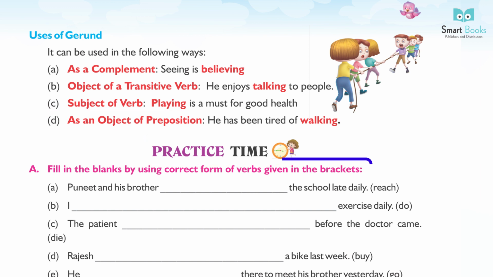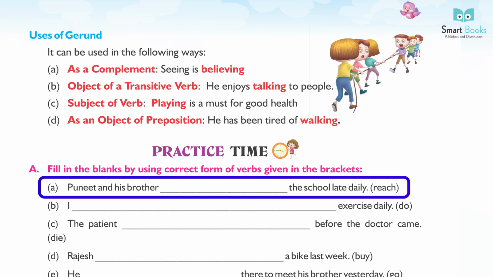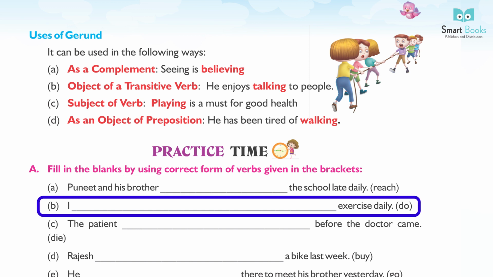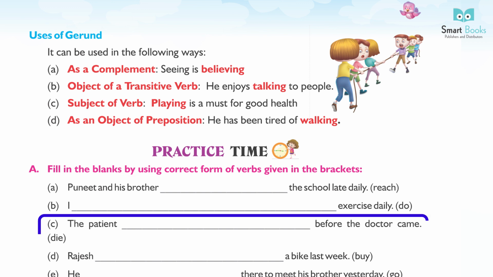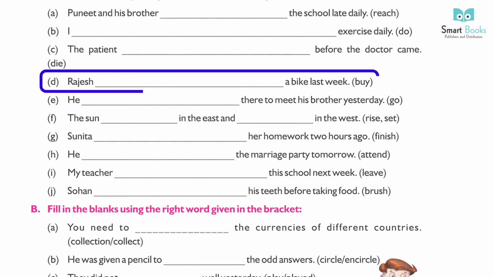Practice time. A. Fill in the blanks by using the correct form of verbs given in the brackets. A. Punit and his brother reach the school late daily. B. I do exercise daily. C. The patient died before the doctor came. D. Rajesh bought a bike last week.